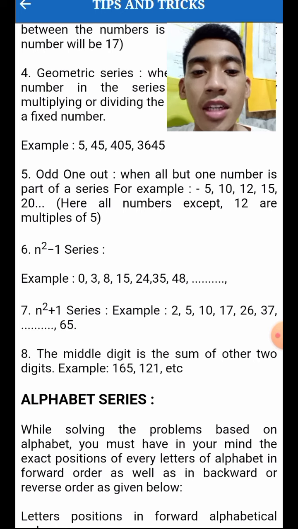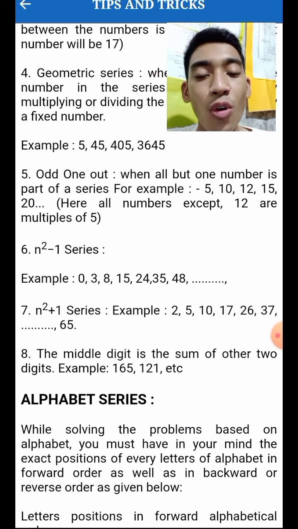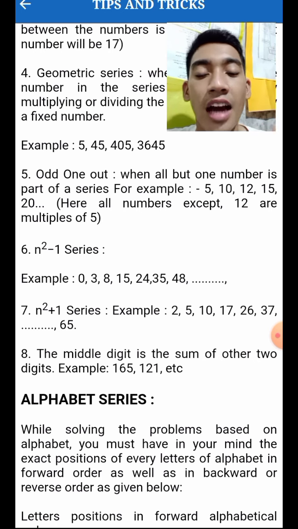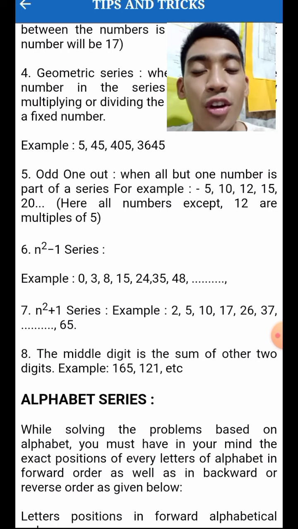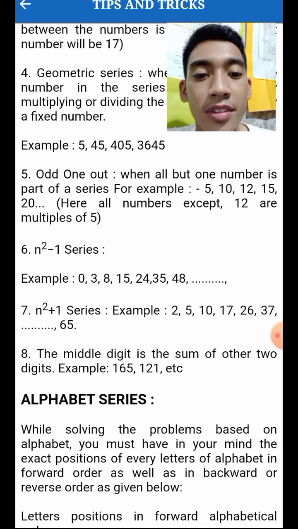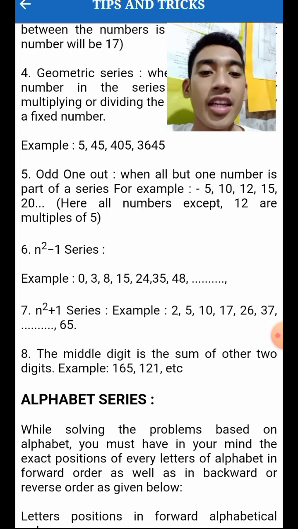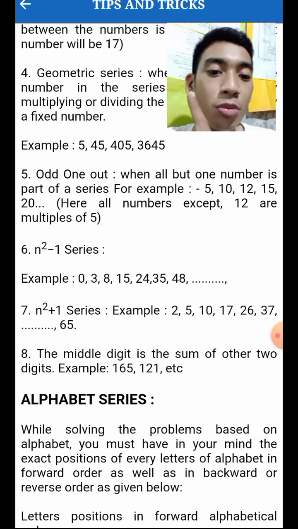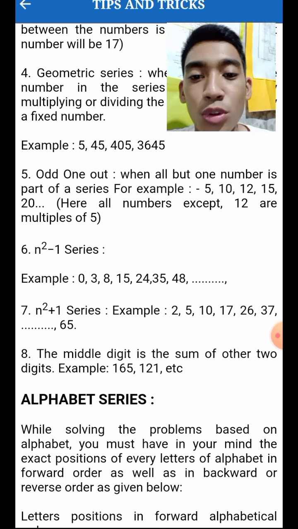So when all but one number is part of a series, that is the odd one out. Your 5, 10, 12, then the next will be 15, 20, then the next will be 13. It will continue the odd pattern because we started with 12 and then it will continue with 5.